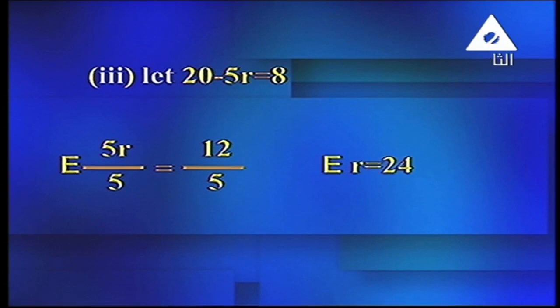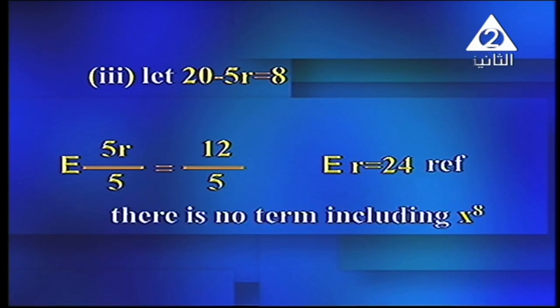In this case, r is refused. Therefore, my dear student, there is no term containing x to the power 8. If we have 20 minus 5r equal 8, in this case 5r equals 12, r equals 12 divided by 5, which does not belong to positive integers. There is no term containing x to the power 8.